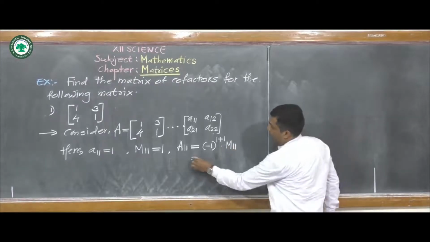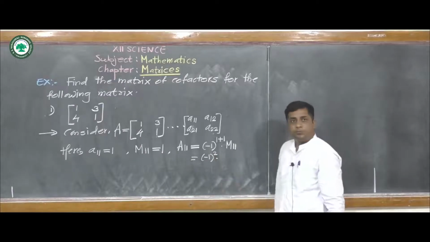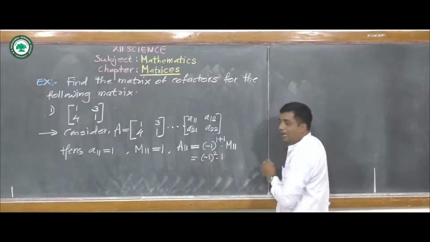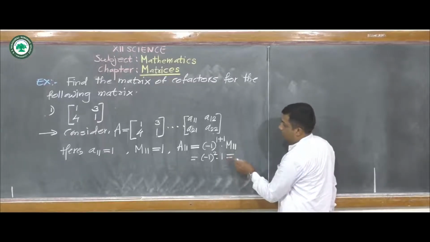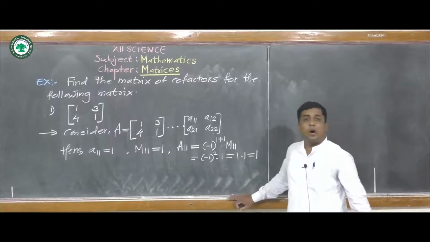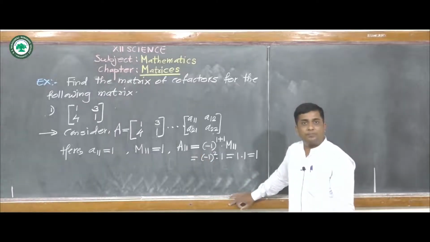This is equal to minus 1 squared into 1, which is 1. This is the cofactor of A11.